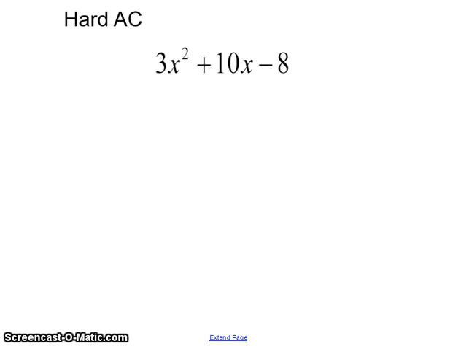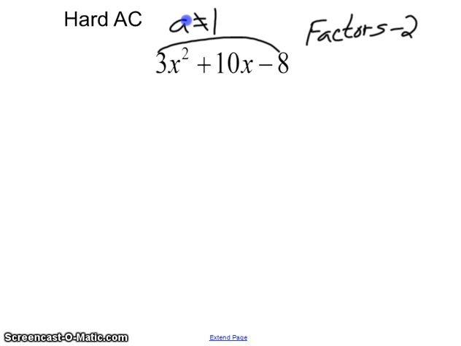Here's a hard AC problem, because A is not equal to 1. That's when you know you have to do a little bit of extra work. We're going to multiply A times C. And I need factors of negative 24 whose sum is 10.